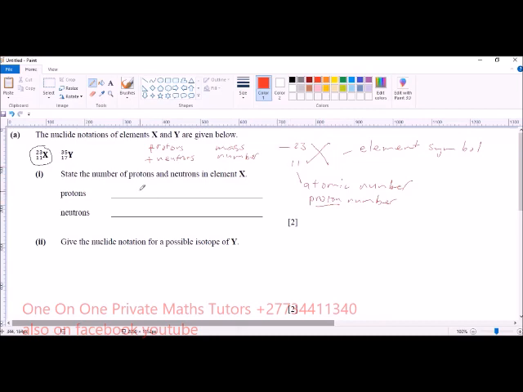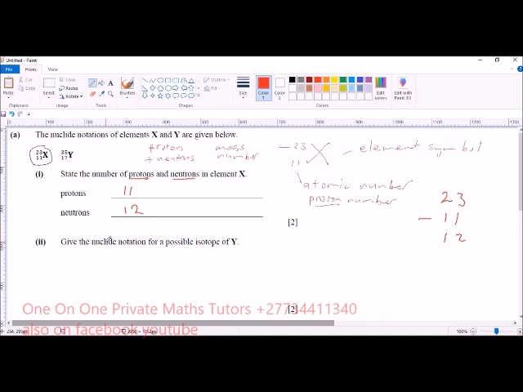Proton number is 11. So here we put 11. So number of protons, 11, number of neutrons. To get the number of neutrons, we say 23 minus 11. And what do we get? We get 12. So number of neutrons is 12.